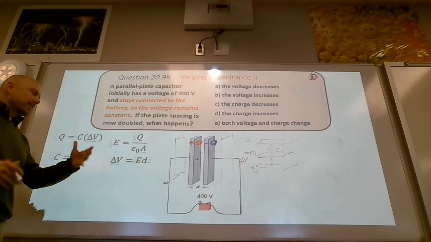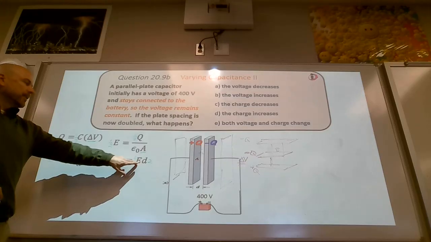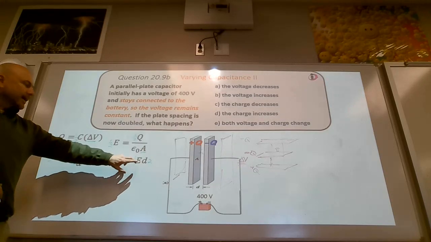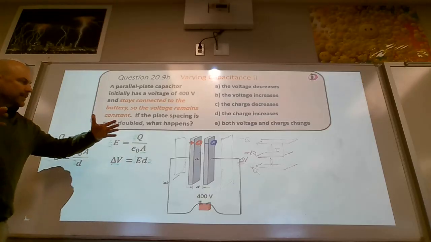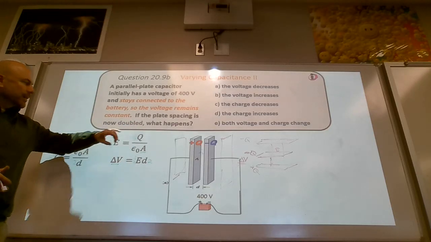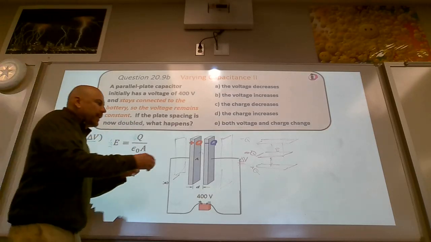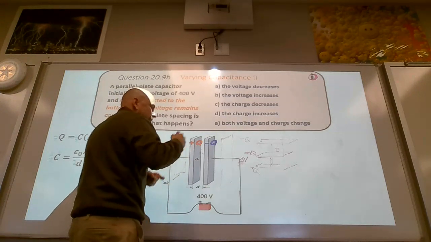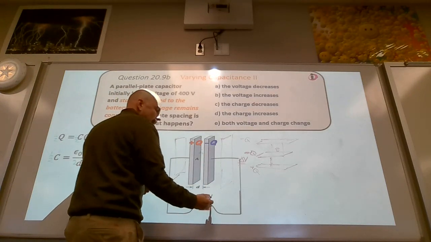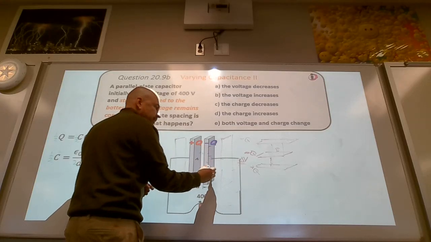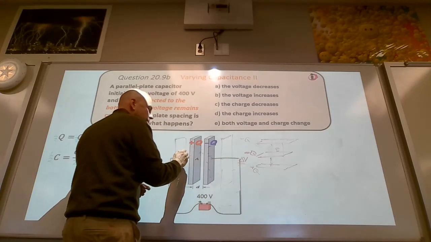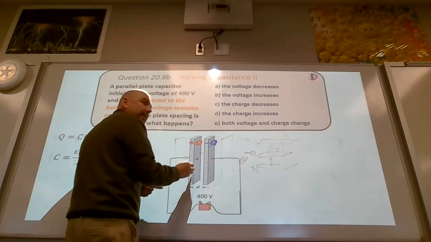Chicken and the egg, which comes first? Separating them reduces how much charge it's able to store, because as electrons come off the battery, they store on here, kicking off electrons on this plate, making this positive.